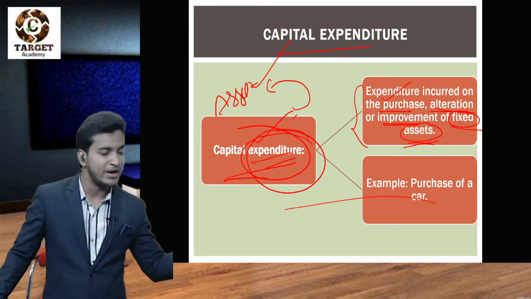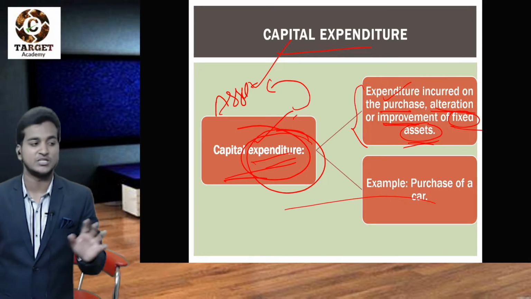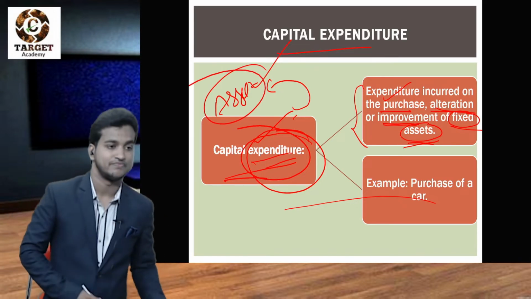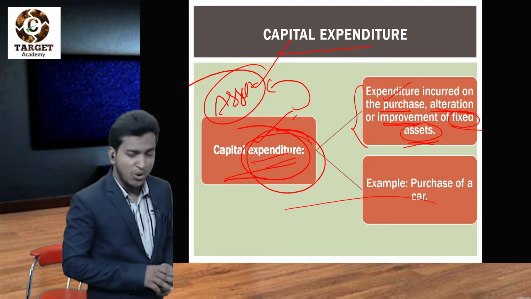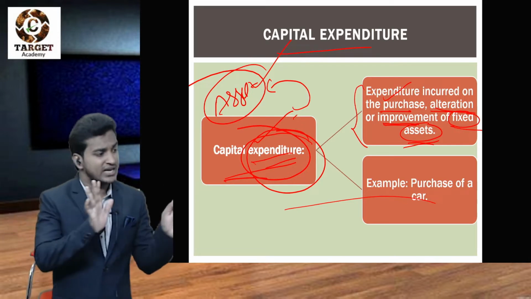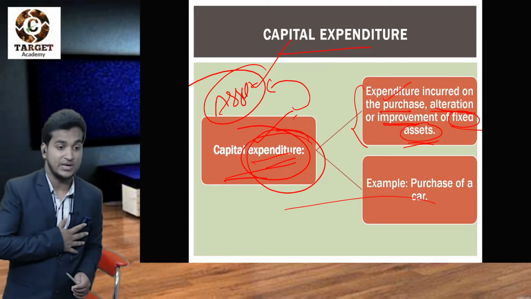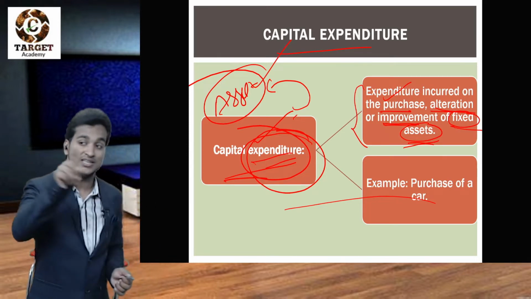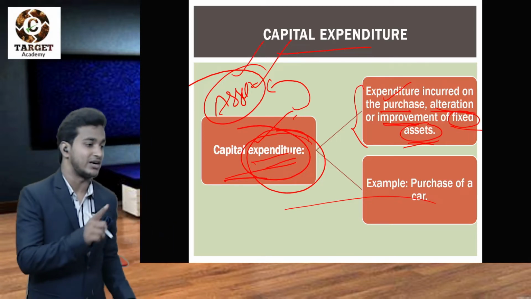If some layman comes to you and says, sir, capital expenditure is expenditure, no, that is an asset. For example, we are paying cash of 50 lakhs and purchasing a building. Here we can't call it an expense. We are acquiring an asset, so that amount is not an expense, it is the purchase of an asset. I have to show it as asset purchase cost, not expense.